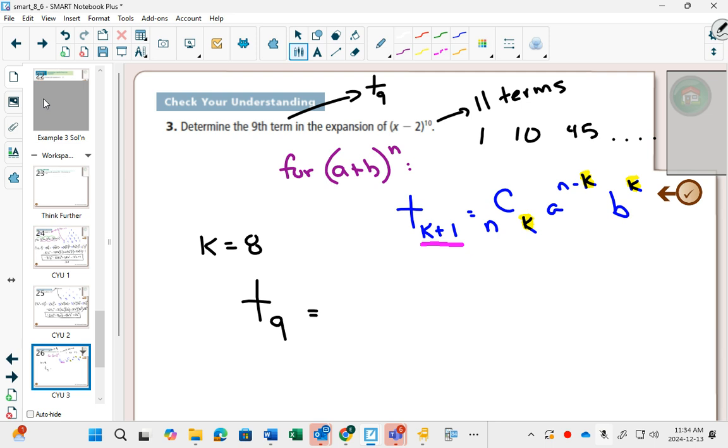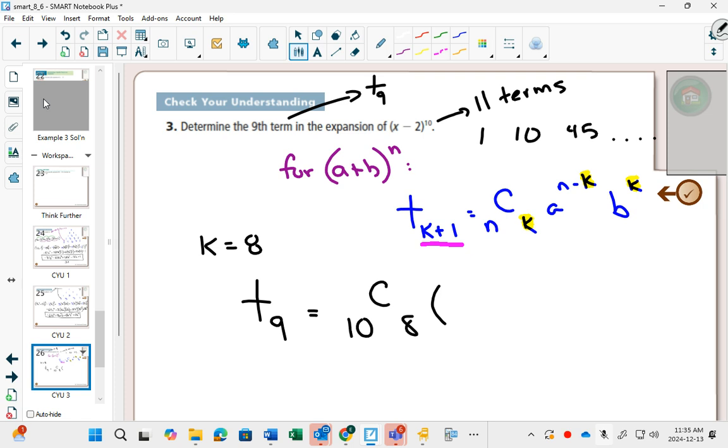And then everything else in the formula comes from the purple part, which isn't given on your formula sheet. You have to know that the n in the formula is the exponent. What is the exponent in our equation? A 10. Choose k. Well, we already figured out that if you want to find the 9th term, k is 1 less. It's going to be 8.